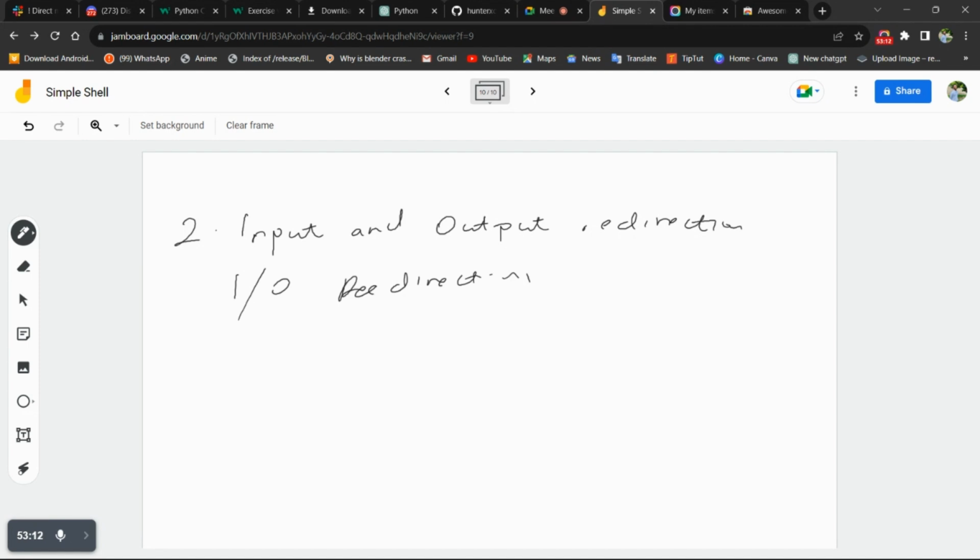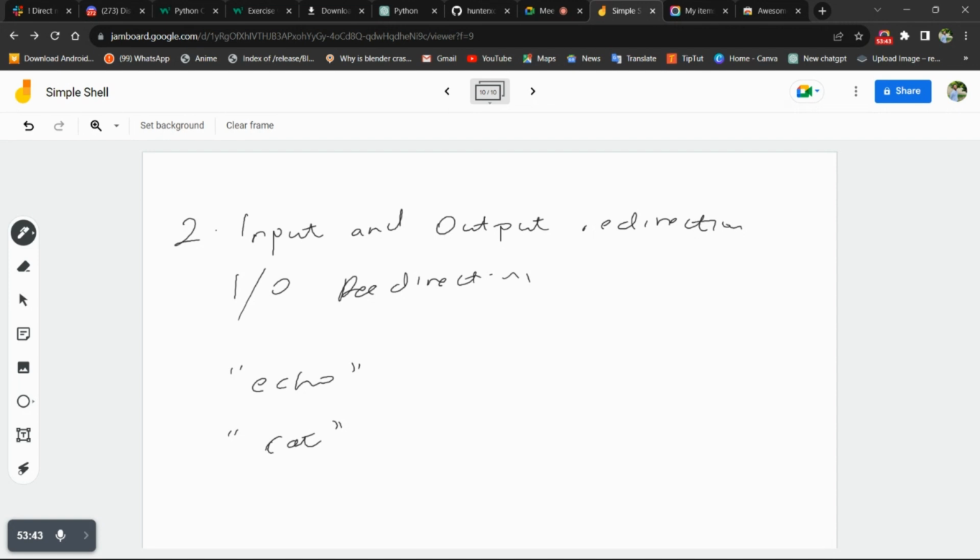When you talk about input and output redirection, we have commands, or executable programs, like echo. Sorry guys, let me get it straight, because I'm recording this. So we have echo, we have cat. These are some potential uses in input and output redirection. What does it mean?